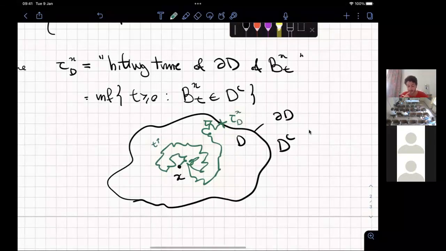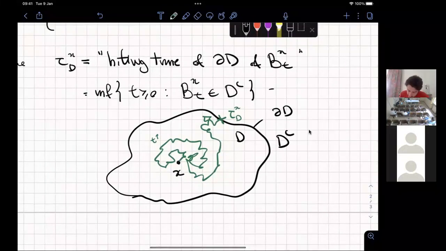This time depends on x, since it depends on the starting point we choose for the Brownian motion. It depends on D, since of course if we change the domain, things will change. And to be precise, tau_x^D is a random time because it depends on the trajectory we choose for the Brownian motion. So for every omega, we have a different trajectory of the Brownian motion, and so a different value of time in which we hit the border.